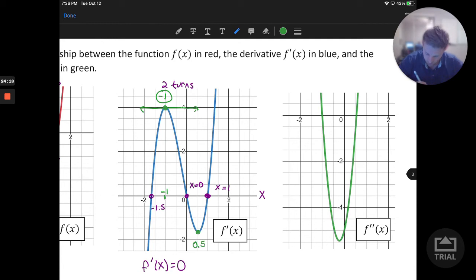Both of those will have horizontal tangents. And so when I take a derivative of this derivative, we just call that the second derivative. So this is just the derivative of f prime of x. Well, we'd expect there to be an x-intercept at both -1 and 0.5, because those are where we have a 0 tangent slope. And that's in fact what we see here.